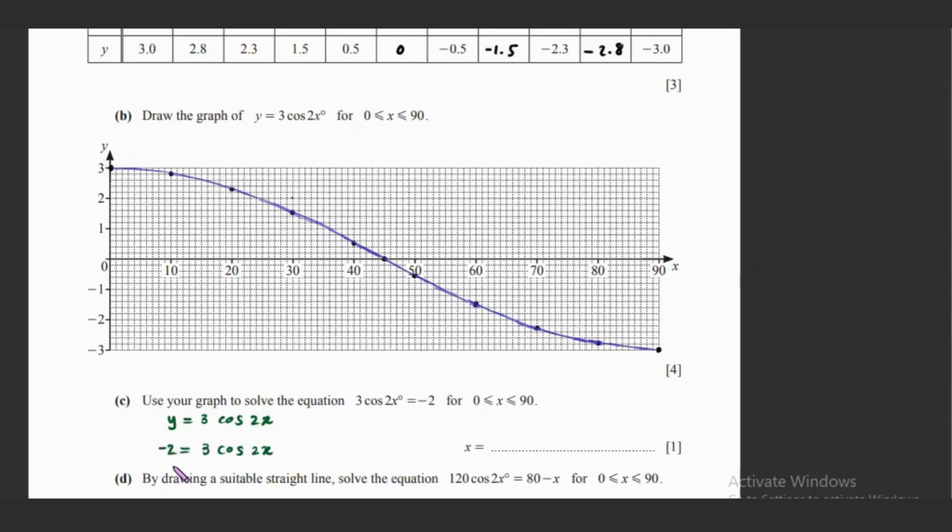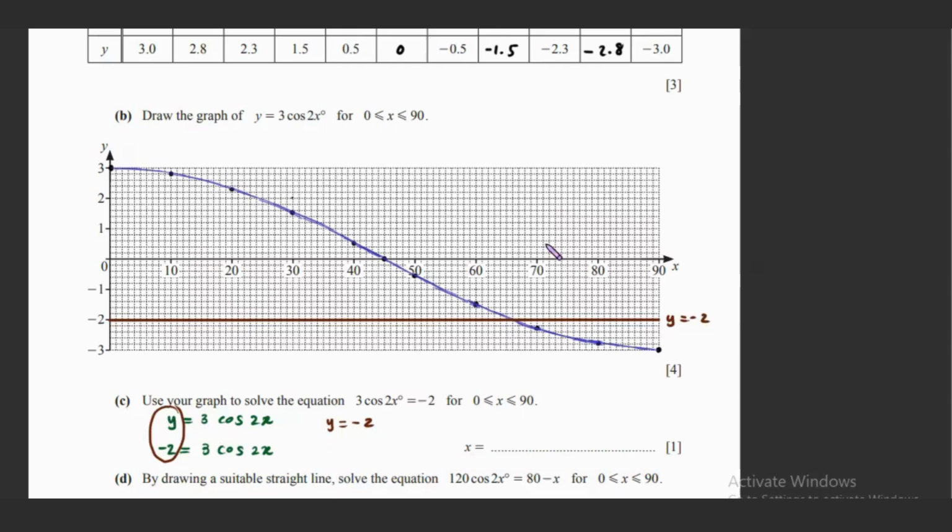This is equal to this -2, which means these two sides are equal. Therefore, we know that the value of y is -2. Now, as y is -2, this is where -2 is, we're going to draw this line y is equal to -2 in the graph. So this is that y is equal to -2 line.